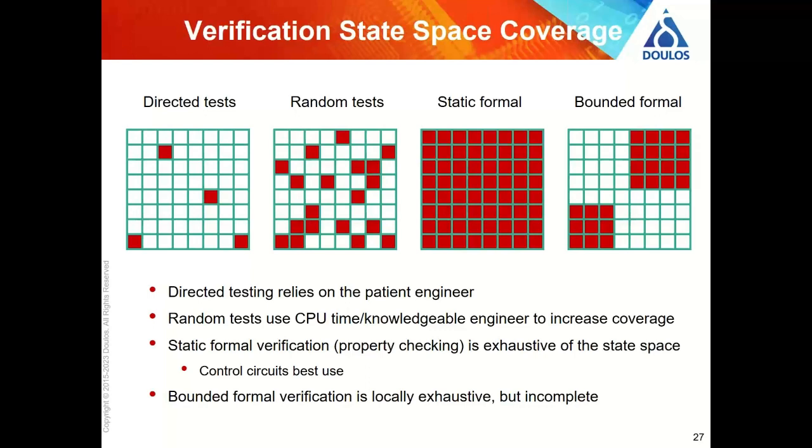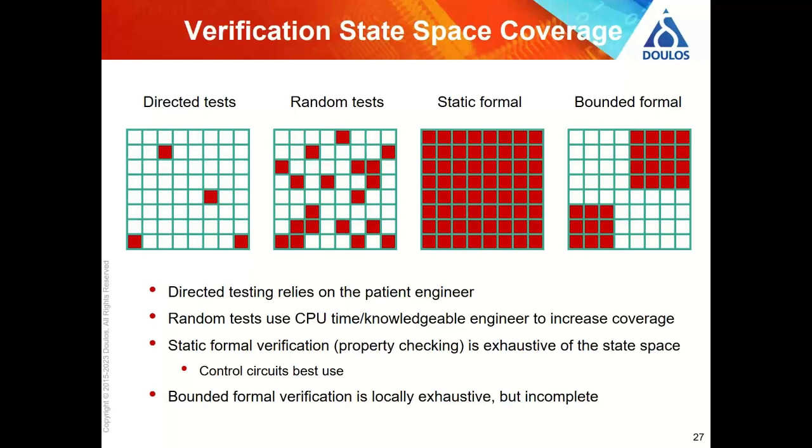The issue is that it's hard to do that. So if we've got a simple design, let's say a finite state machine with 10 different states, that's not too bad to verify. If we've got 100 different states, it becomes a nightmare. The tools simply can't cope with that complexity. The state space is too deep.